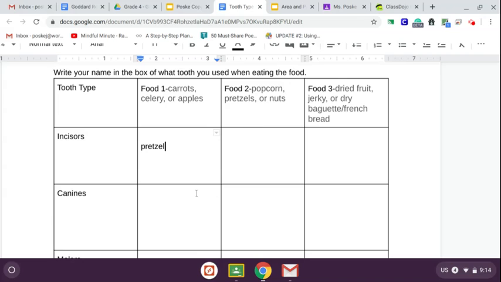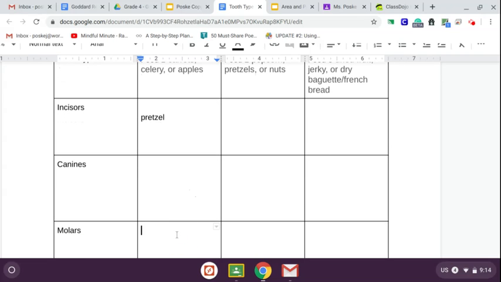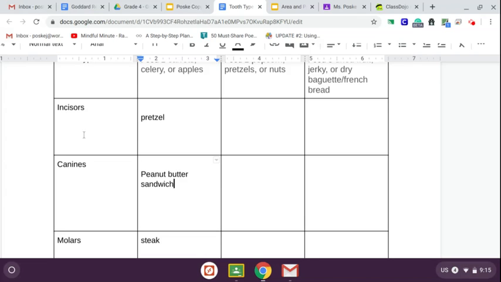Say if you used your molars to eat a piece of steak, and steak is a kind of meat, you would write that down. Say if you used your canines, I'm not saying this is correct, to eat a peanut butter sandwich, I would write that. So think about the food you're eating today.